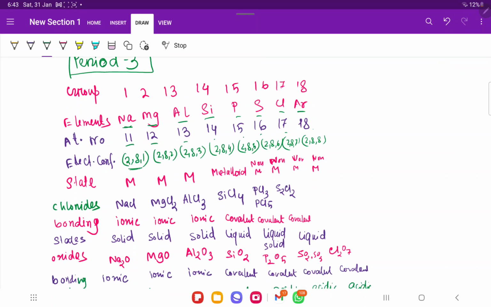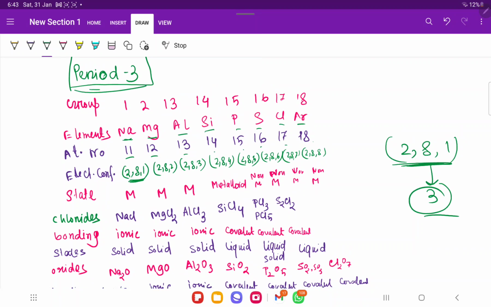For 11, the electronic configuration is 2, 8, 1, and here if you notice 2, 8, 1, the number of electron shells is 3. That's why they are placed in period 3. In all the cases, the number of electron shells is 3, so their period is 3. In case of magnesium 2, 8, 2, then aluminium 2, 8, 3, so 1 electron is added each time up to group 18.